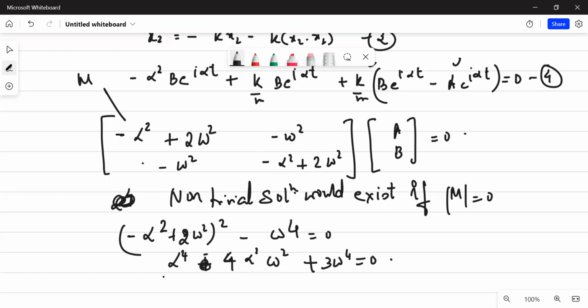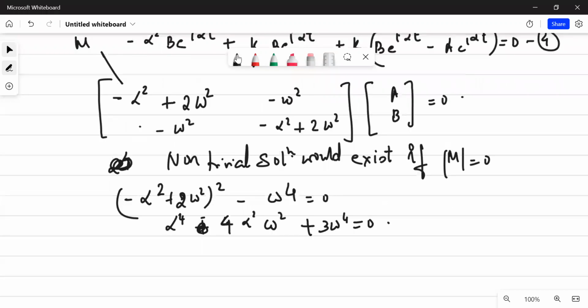So again, if you try to solve this one, you take alpha square as y. So if you take alpha square as t or y something, so this is alpha square का whole square, and this is minus 4 alpha square. To take this alpha square as one variable, this is minus, and this is 3 omega square equal to 0. So what does it mean?